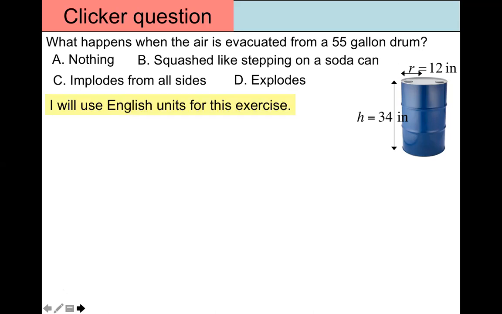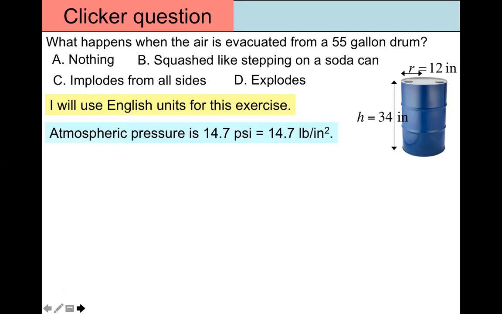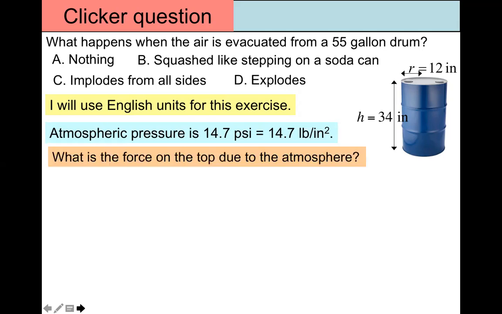So let's use the English units for this exercise. 1 atmosphere of pressure is 14.7 pounds per square inch, just PSI. And we can calculate just how much force is on the top surface due to this atmospheric pressure.